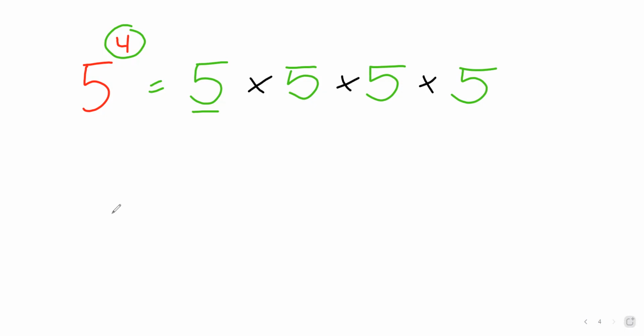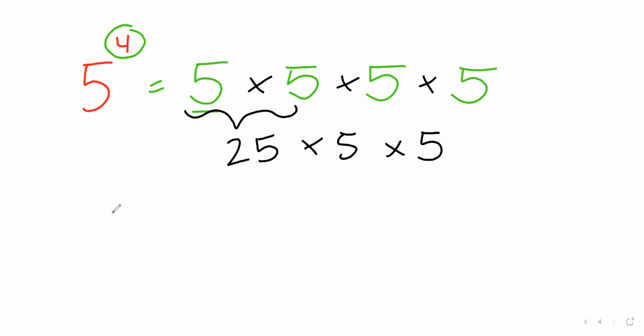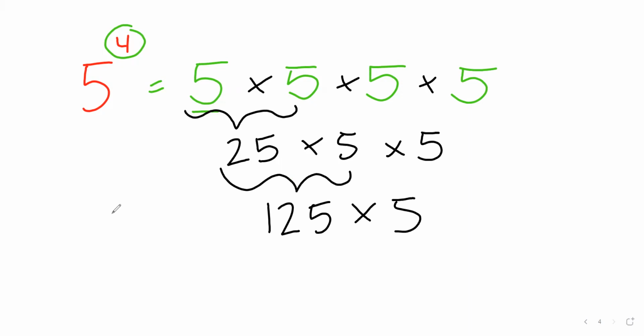So 5 to the power of 4 is actually a pretty big number, because it's 5 times 5 times 5 times 5. Well, 5 times 5 itself is 25, times 5 times 5. Notice this looks a lot like what we did with our order of operations. 25 times 5 is 125, times 5.